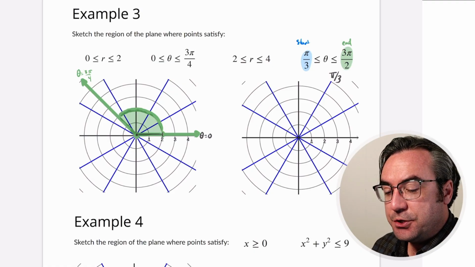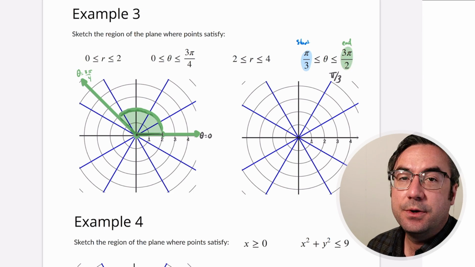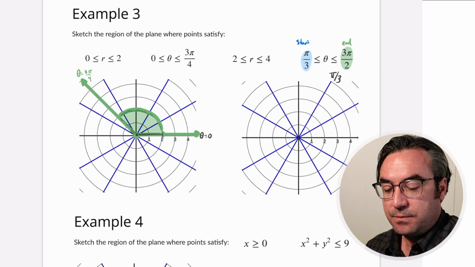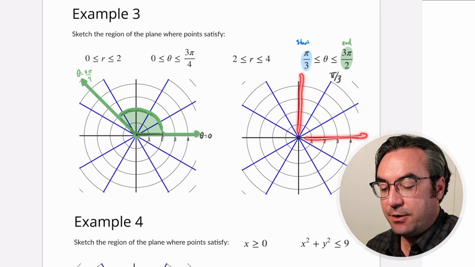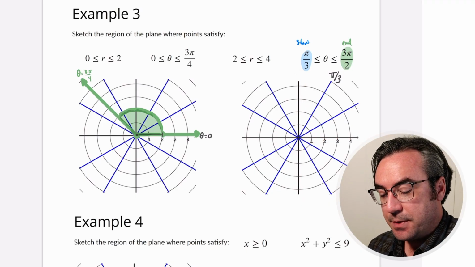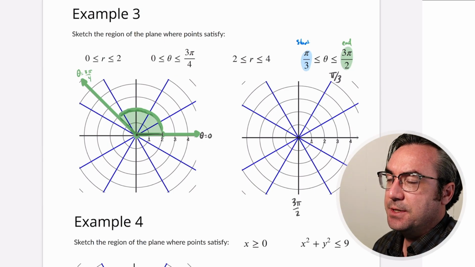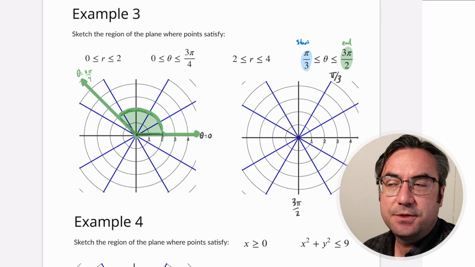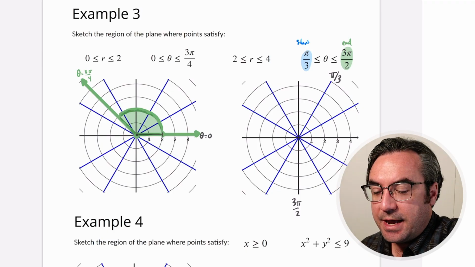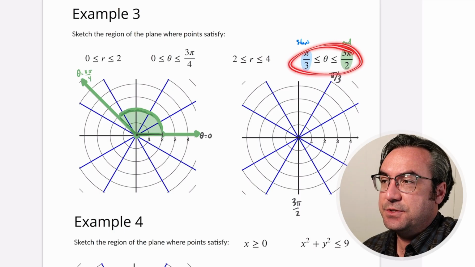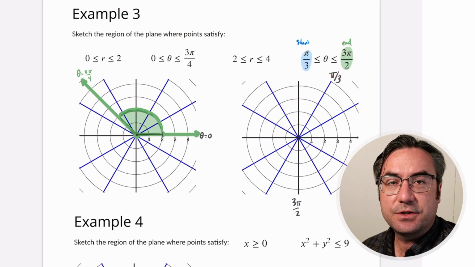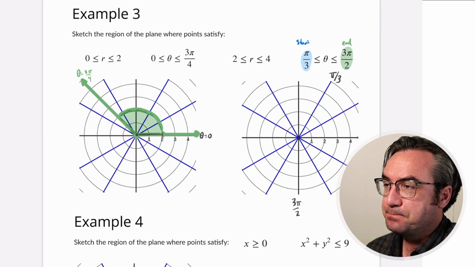Well, these multiples of pi over 2 give us the main axes. So we have 0, pi over 2, 2 pi over 2, and then 3 pi over 2. So 3 pi over 2 is the negative y-axis. So we just want to label those starting and ending theta values, just to give us an idea of where to start and where we're going to end.